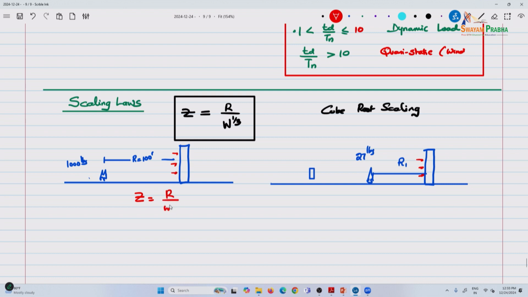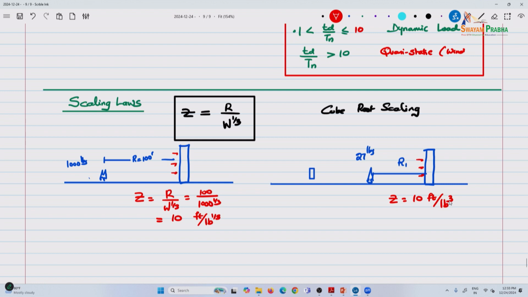So it is 100 divided by 10, so basically Z is so many feet per pound to the one-third. Now, if the Z is the same, the pressures are going to be the same.